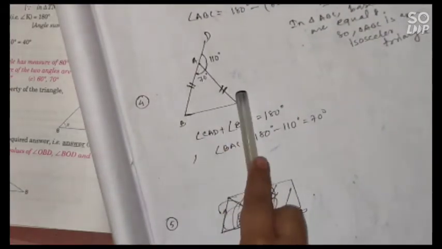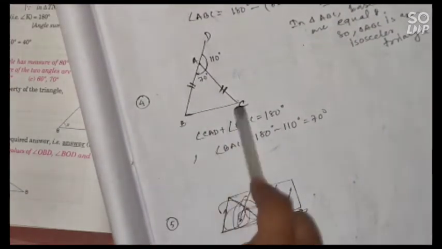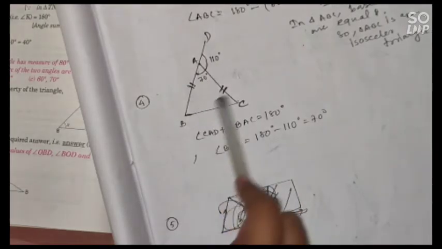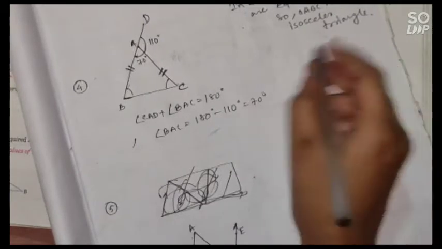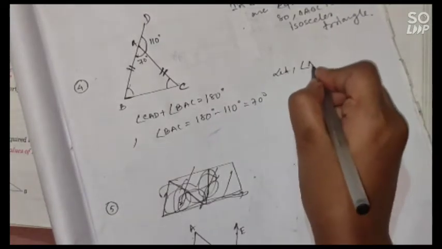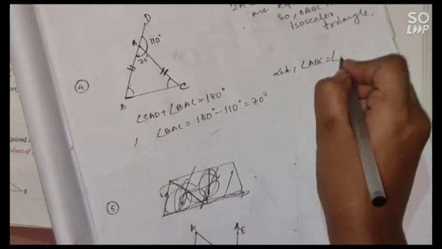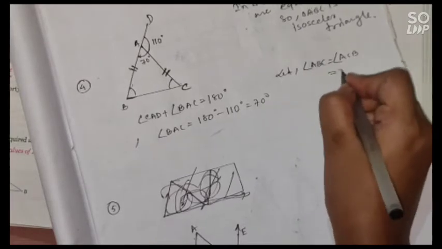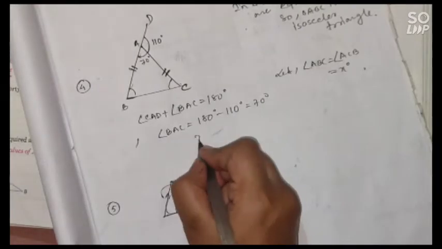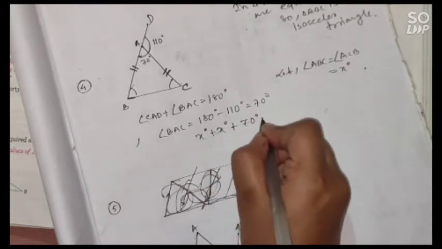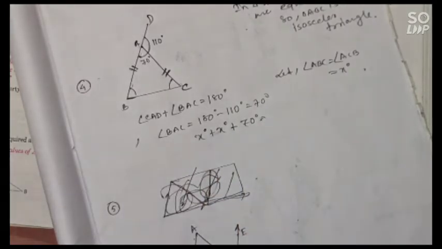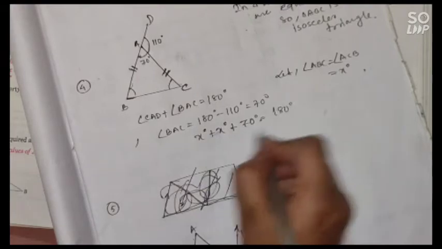Since two sides are equal, this is an isosceles triangle, so the base angles will be equal. Let angle ABC equal angle ACB equal x degrees. Then you know that the sum of three angles of a triangle is 180 degrees: x plus x plus 70.